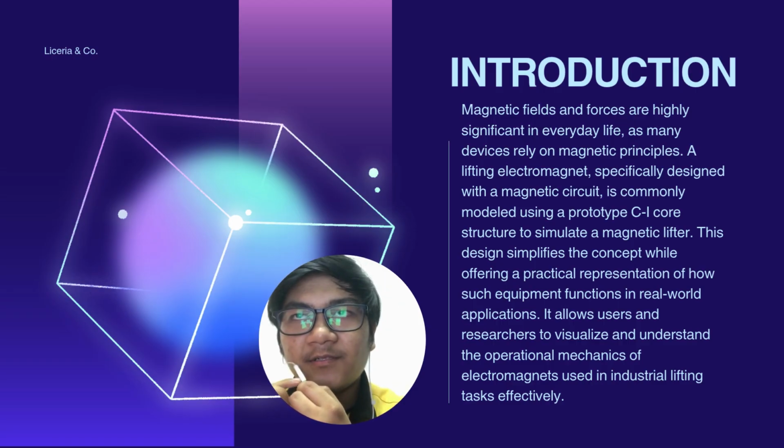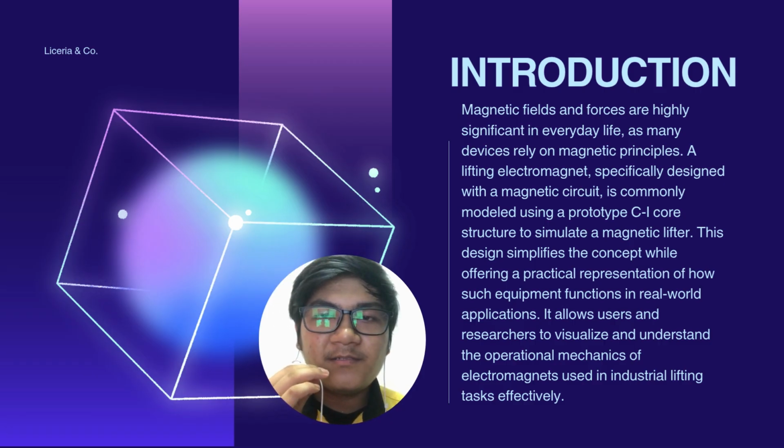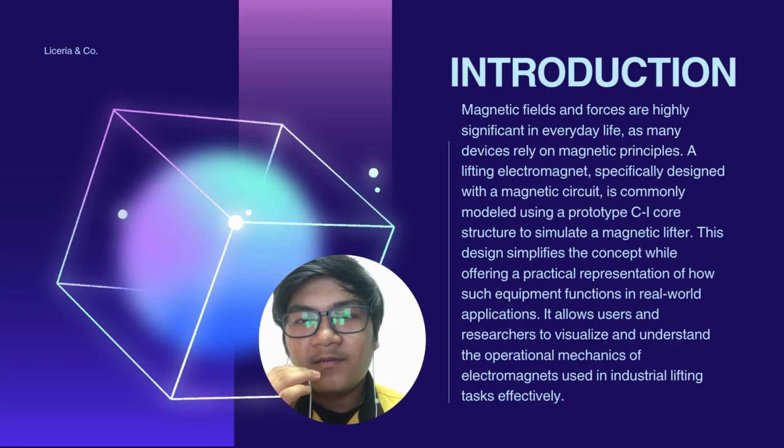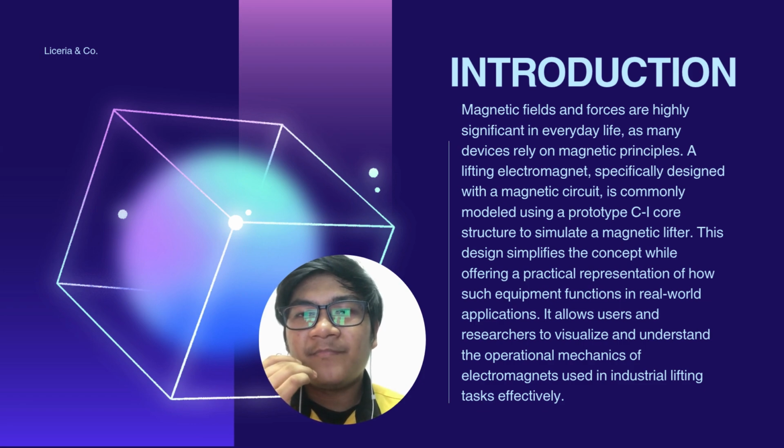So for the introduction, magnetic fields and forces are highly significant in everyday life, as many devices rely on magnetic principles. Lifting electromagnets, specifically designed with the magnetic circuit, are commonly modeled using the prototype of CI core structure to simulate the magnetic lifter.